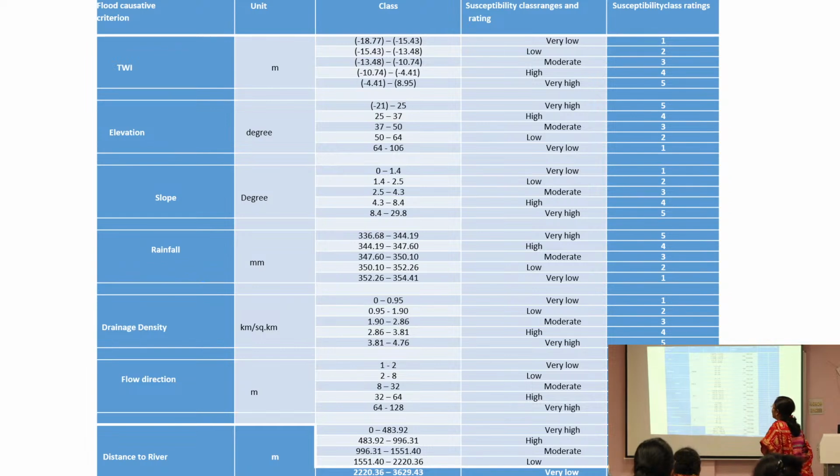Then after getting these maps, you have the legend, and legend gives the values. According to this value you have to give the susceptibility classes range. Okay, very low, low, moderate and high, very high. So according to that you have to assign the weightage.